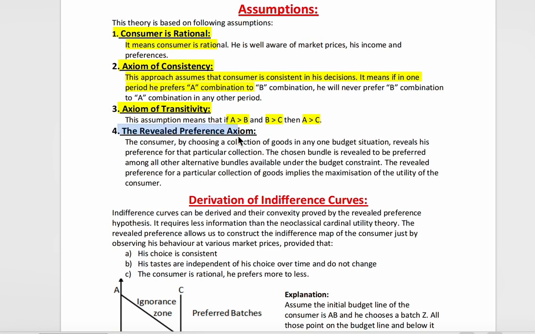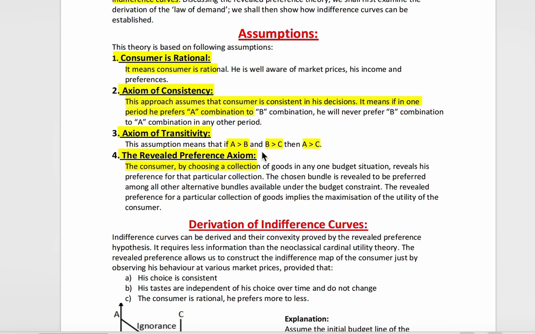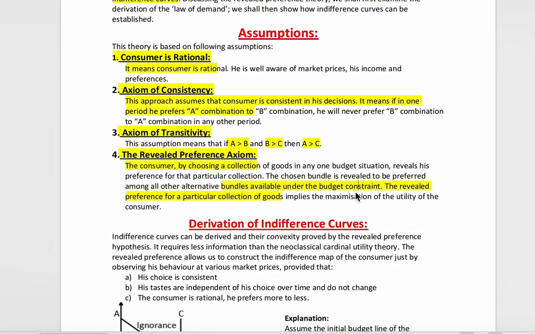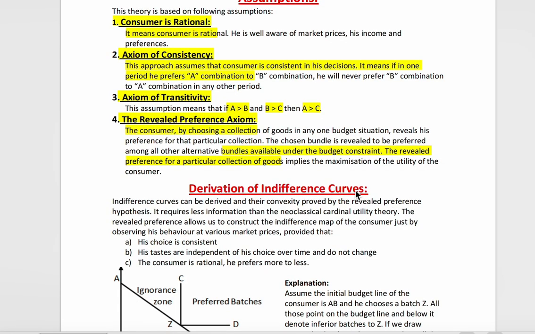And another is the revealed preference axiom, which is the major core concept of the RPT theory. When we analyze the behavior of the consumer in the market, where he is choosing the particular bundle of commodity, it is assumed that the selected bundle is the utility maximization bundle, and all other bundles which are available and affordable are inferior to the selected bundle.